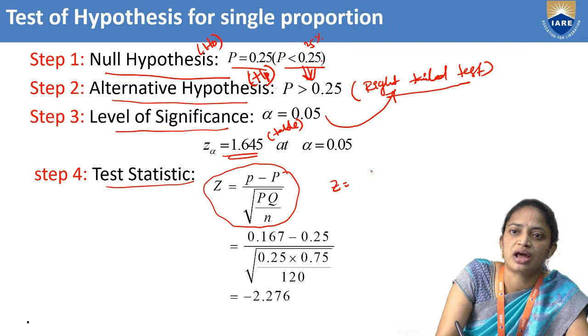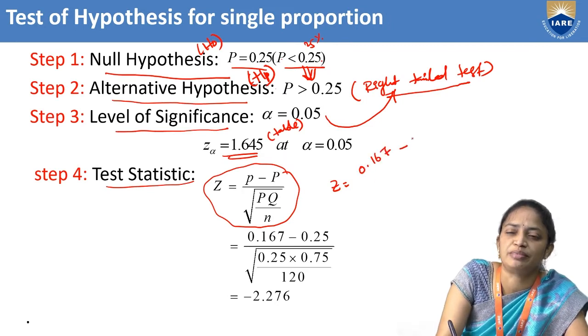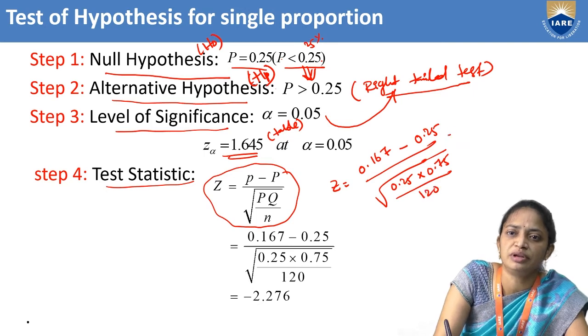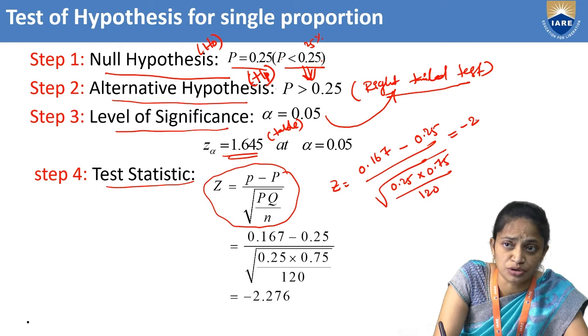Substitute all these values: Z equals 0.167 minus 0.25 divided by the square root of 0.25 into 0.75 divided by 120. After simplification, the test statistic value is minus 2.276.